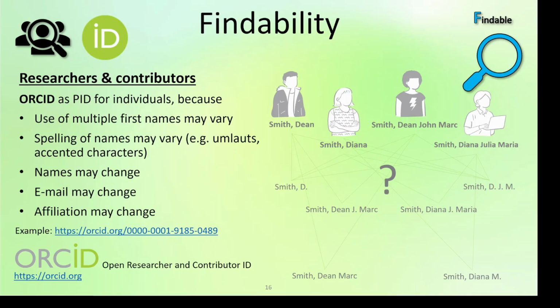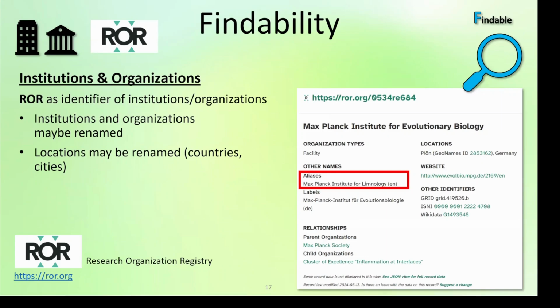These are all reasons why something like an ORCID ID, a personal, a scholarly identifier, makes sense. For institutions, also institutions and organizations may be renamed. This is pretty often the case, for example, for Max Planck Institutes, but you also find it in all the ministries. When a legislation period is over, then some of the ministries are renamed and so on.